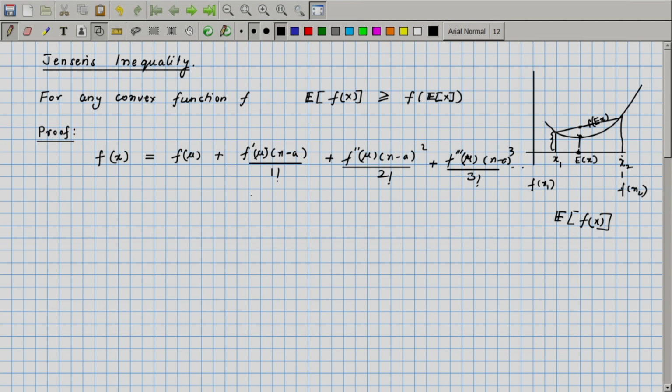Okay. So, these terms can be viewed as the error terms. So, you can think of the first term as a first approximation, combine the first and the second term, you get a better approximation and so on.